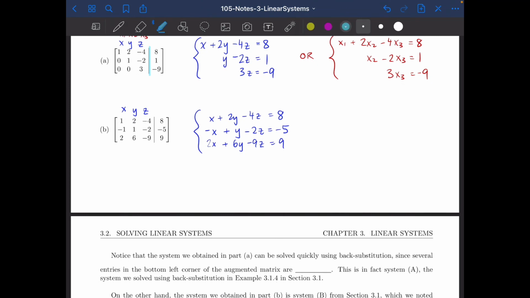Now notice that the system we obtained in part A can be solved quickly using back substitution, since several entries in the bottom left corner of the augmented matrix are 0. This is in fact system A, the system we solved using back substitution in example 3.1.4 in section 3.1.